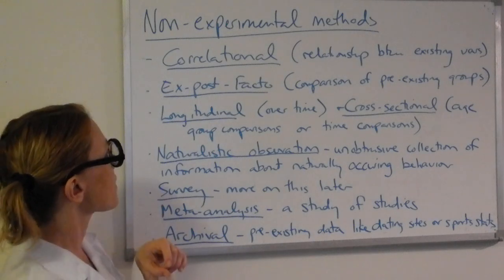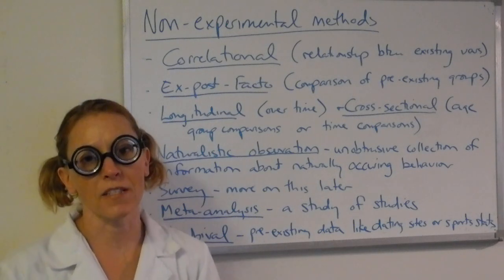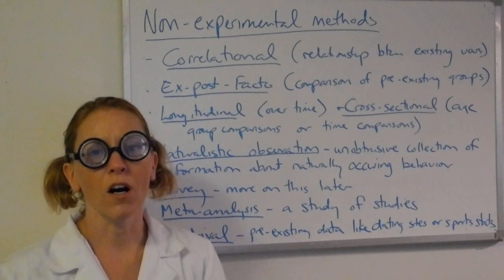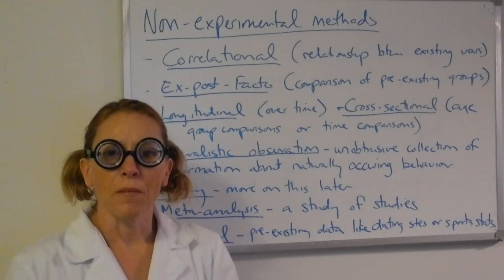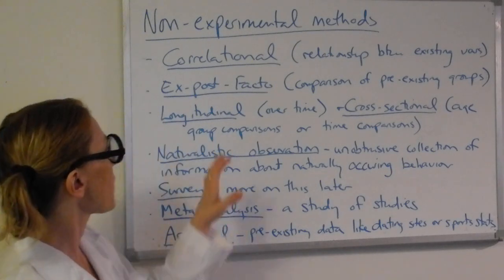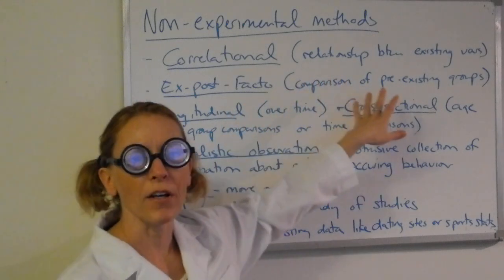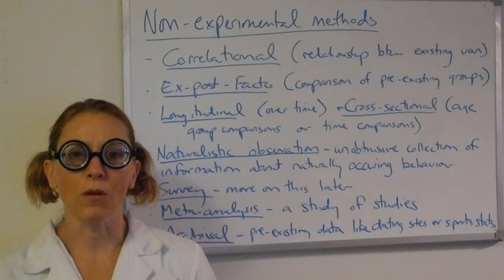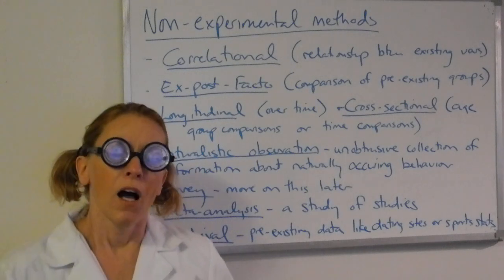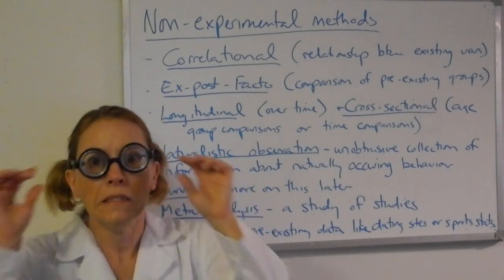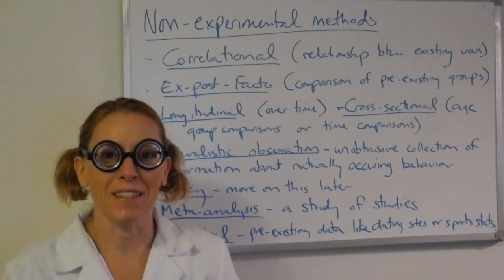Ex post facto studies are actually a type of correlational study in the sense that there is no causality. They are not causal, although they may appear that way, because what happens with ex post facto is we are comparing pre-existing groups of people. So we take a variable of interest, say race or gender or religion, or lots of things that already exist.